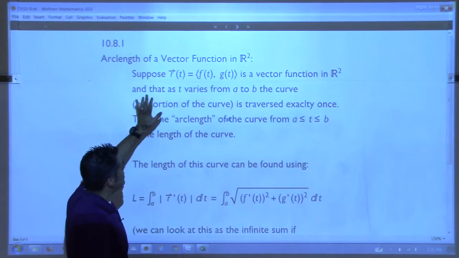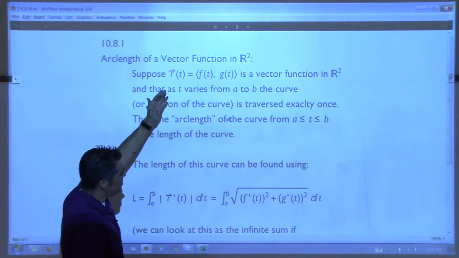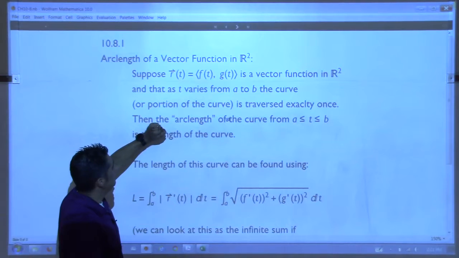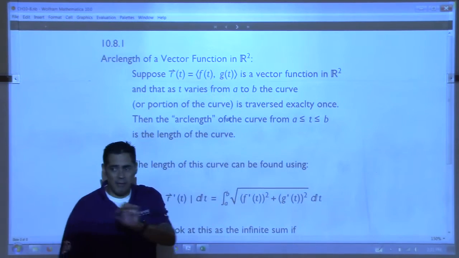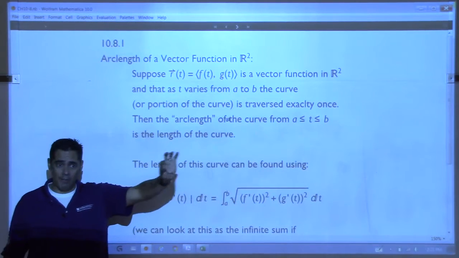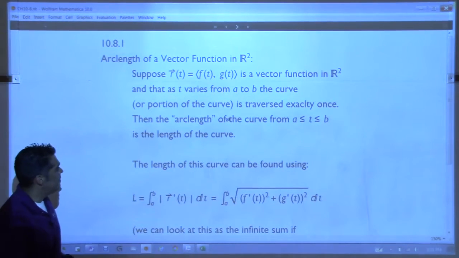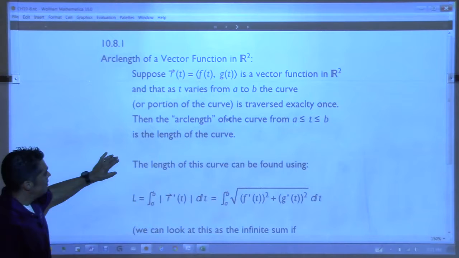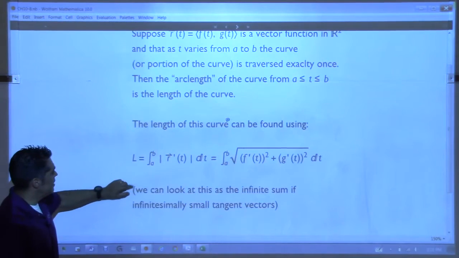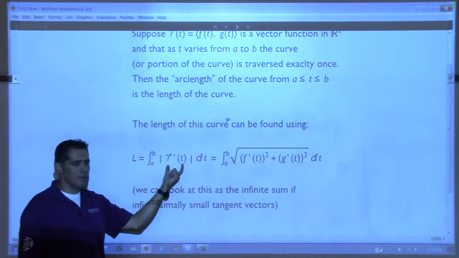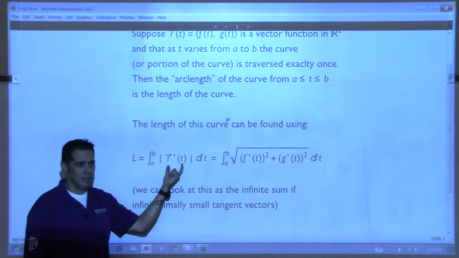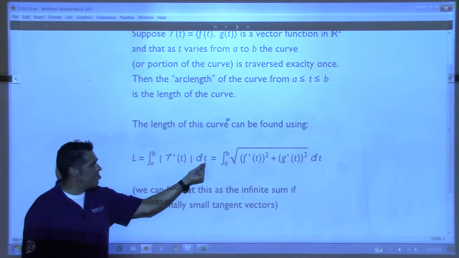So first of all, we have to have a vector curve, in this case in two-dimensional space is where we're going to start. And we have some restriction on t, so we have a definite starting point and ending point for the curve. Then the arc length of the curve is the integral from a to b of the magnitude of the derivative of the vector function with respect to t.